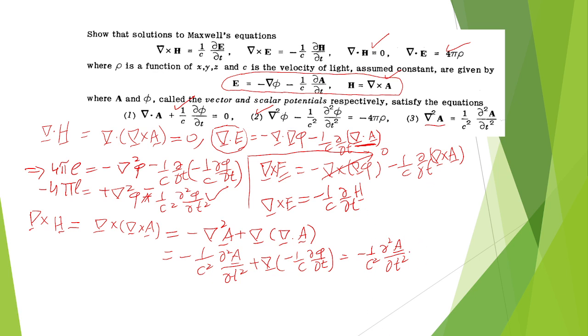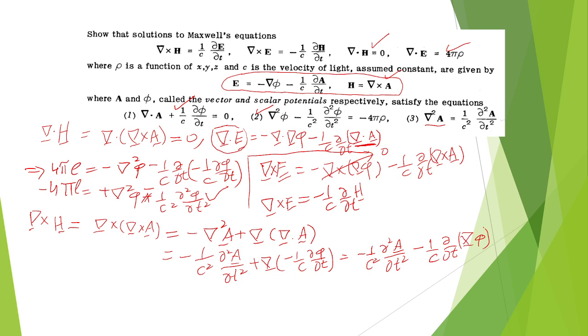So the operator we interchange here, minus 1 over c partial by partial t, in grad of phi. I interchange partial by partial t with the grad.